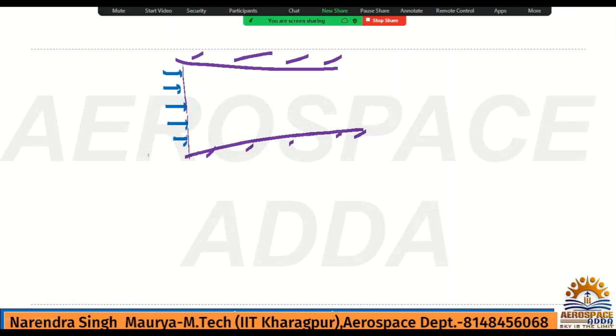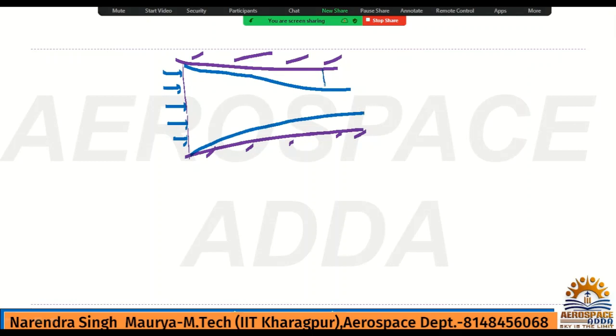And adverse pressure gradient will be there, so definitely we will try to increase the thickness of boundary layer. So at starting you can say this is the formation of boundary layer, but as it goes towards the number of stages, this thickness of boundary layer will be increasing like this.